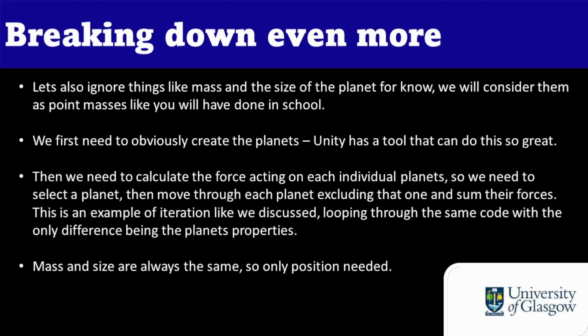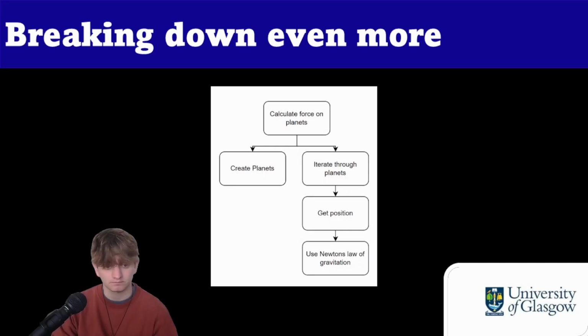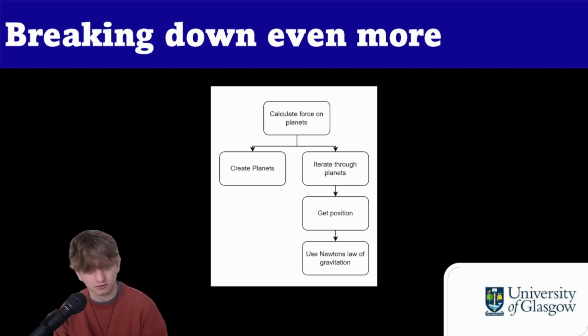And because mass and sizes are the same, the only thing we need to get is the position of the planets, so we can work out the distance between them. Okay, so we've got even more tasks now. We've broken them down. So we've got to create the planets, obviously, so there's gravity between them. Then we've got to iterate through those planets. We've got to get each of their positions, so we can work out the distance between them. And then we've got to use Newton's law of gravitation.